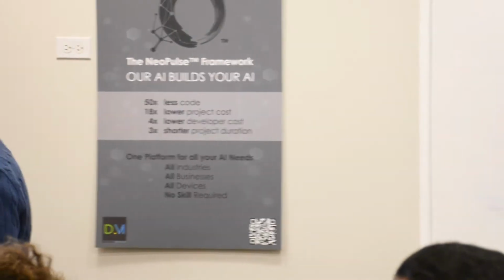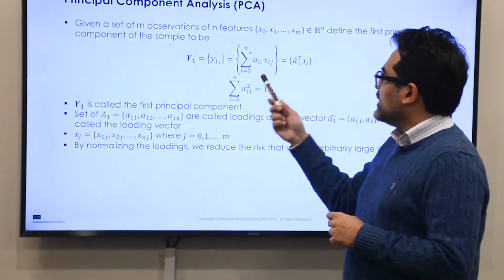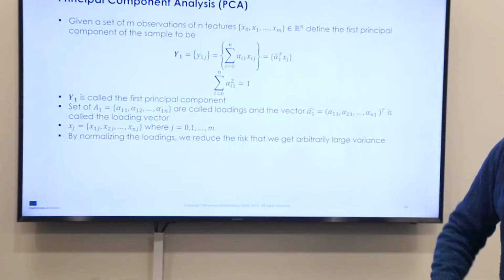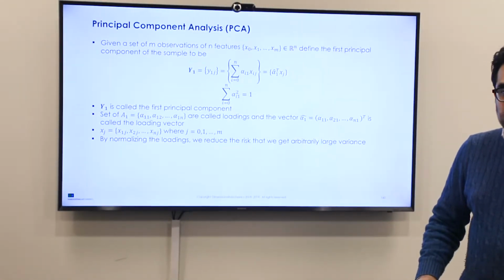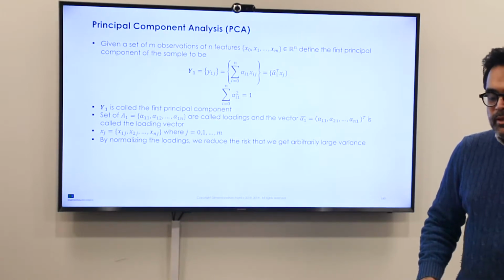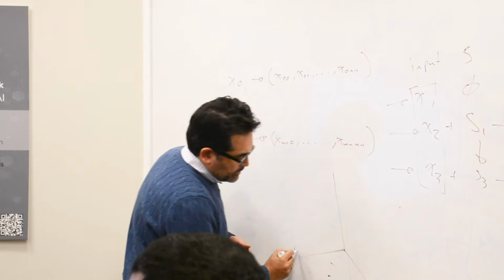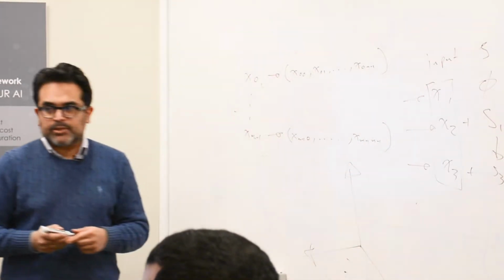So the next thing we want to do is calculate the first principal component. The principal component in this case is the most representative vector in a different dimension. The way to think about it is, suppose I have a three-dimensional space and I want to reduce it into a two-dimensional space.